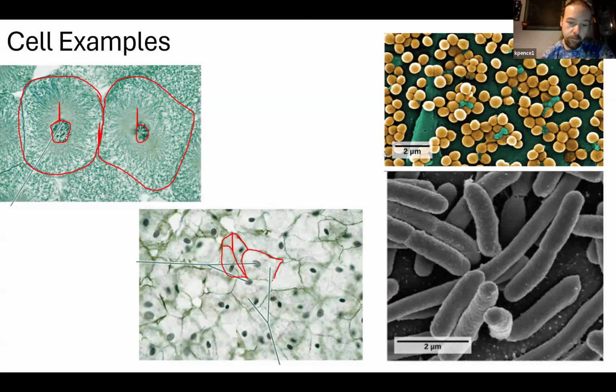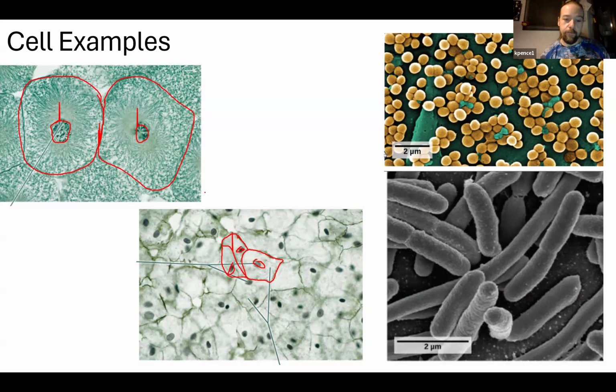There's a cell. So all these are different cells. And then you can see these dark little circles in the middle. Each one of those dark circles is a nucleus. Again, each one of those nuclei is going to have DNA. And these cells are actually from the inside of someone's cheek. So these are called cheek epithelial cells. If you were to scratch the inside of your cheek and then rub it on a slide, this is what your cells would look like. They're very flat. They're called squamous cells.